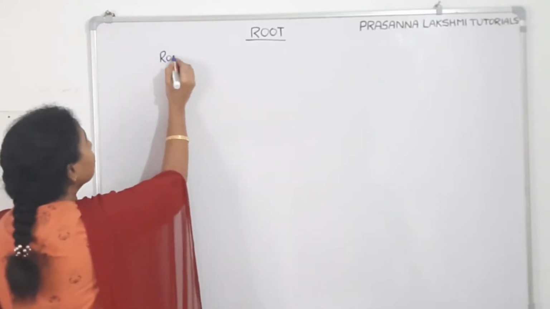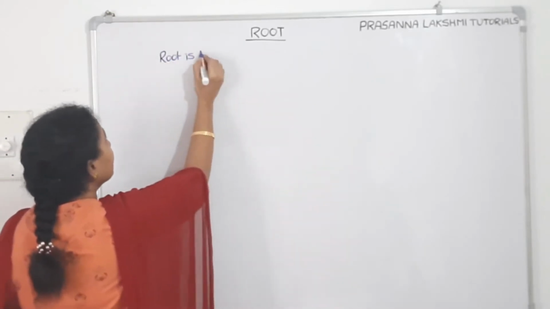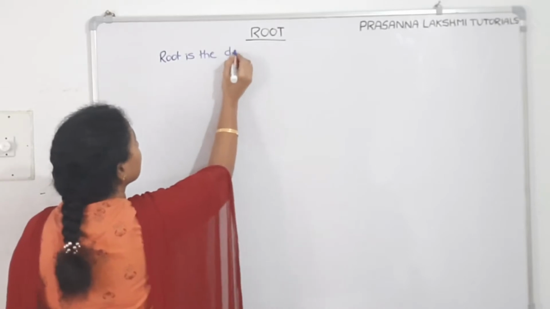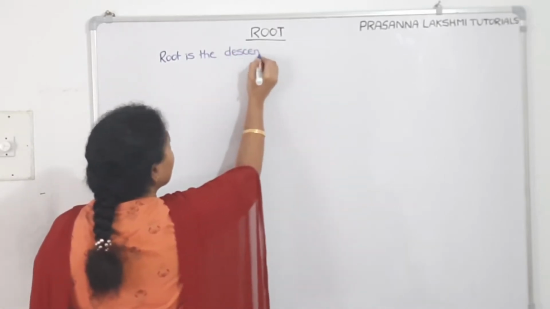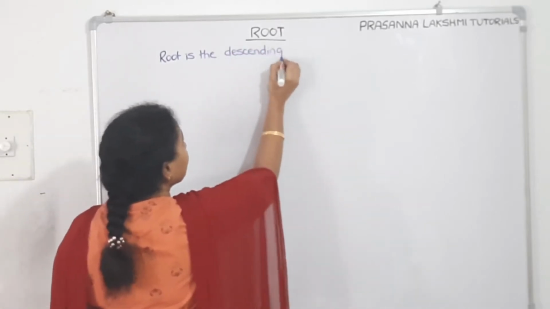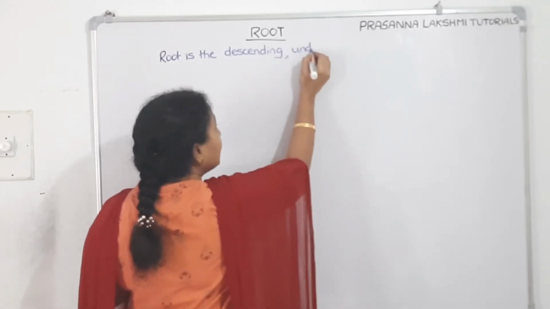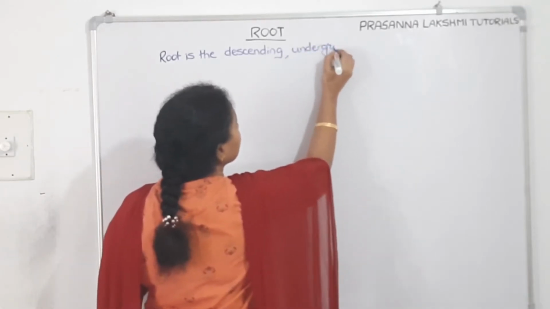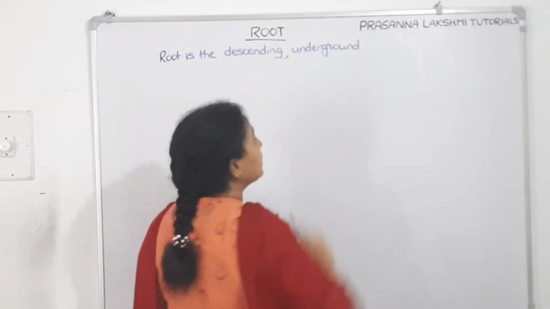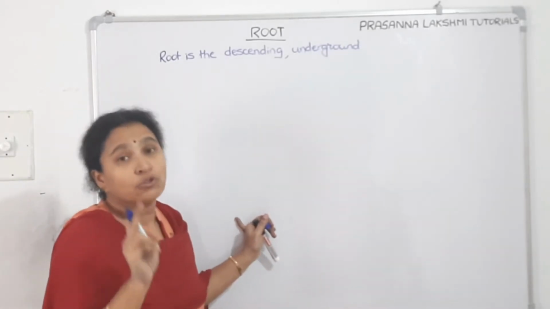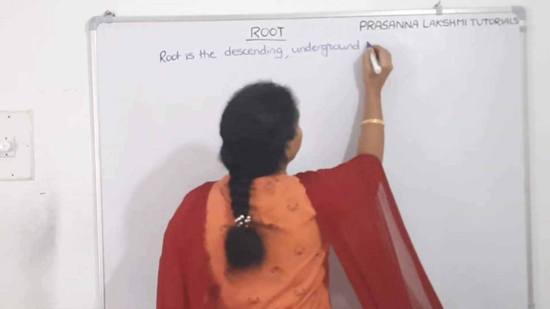So root is the descending underground portion. It is the descending underground portion of the plant axis.